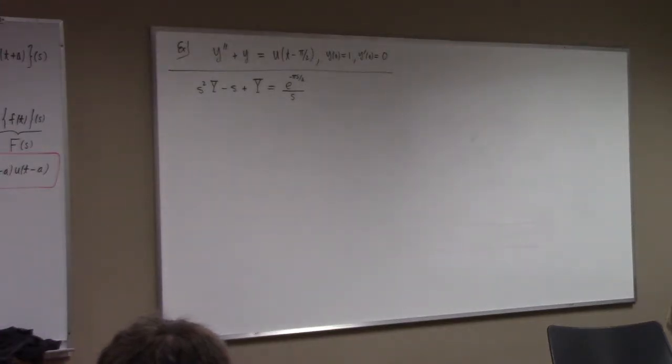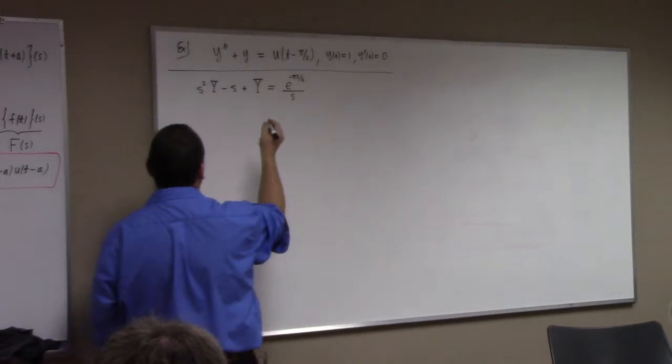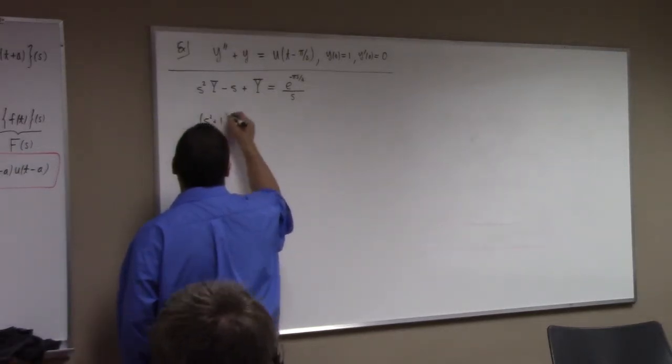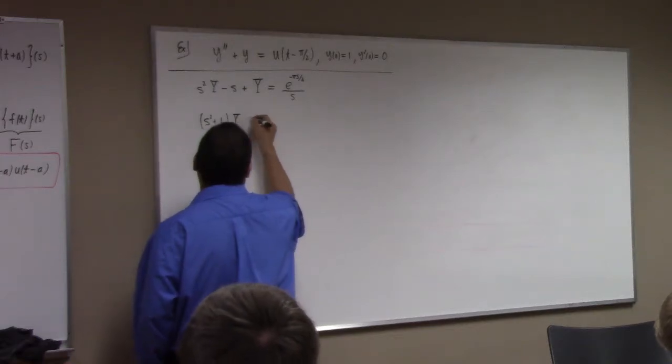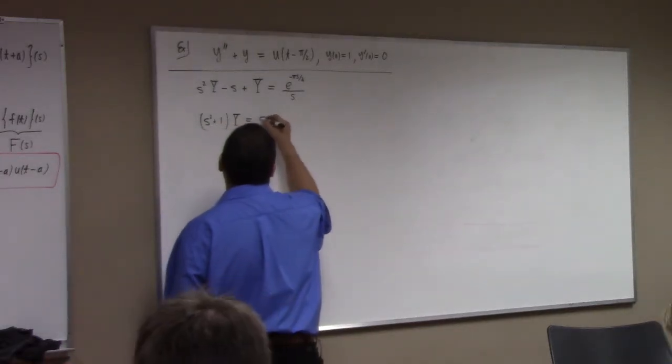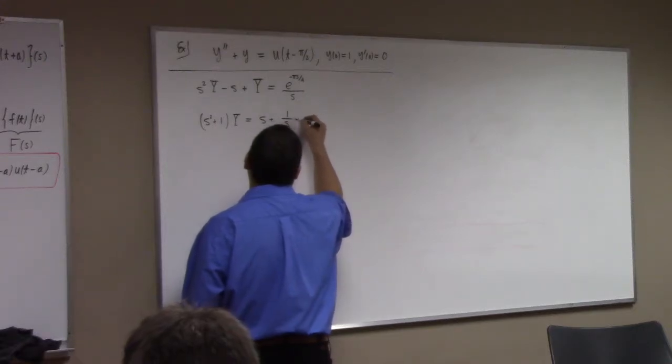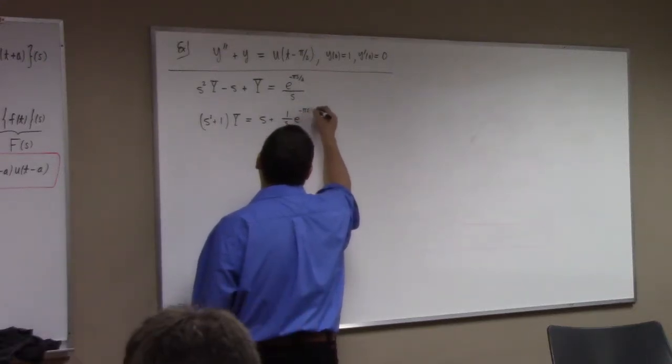Okay, so then we solve for big Y. We've got s squared plus 1 times big Y equals s plus 1 over s times e to the minus pi s over 2.